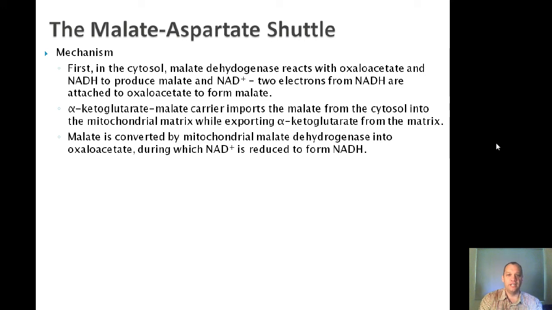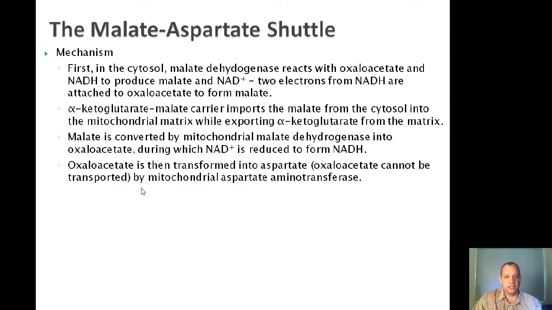So in this way, the electrons that existed in the cytoplasm have been carried over into an NADH in the mitochondrial matrix, and from there, of course, those electrons can be carried over to electron transport chain complex 1 and continue through the electron transport chain.